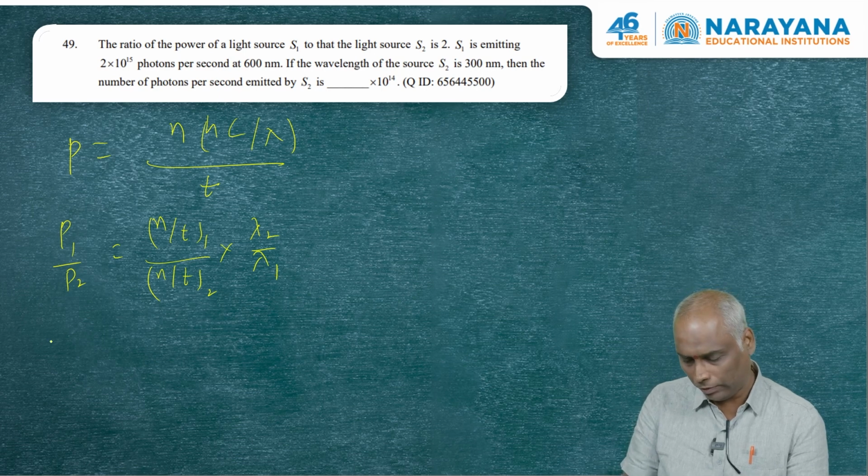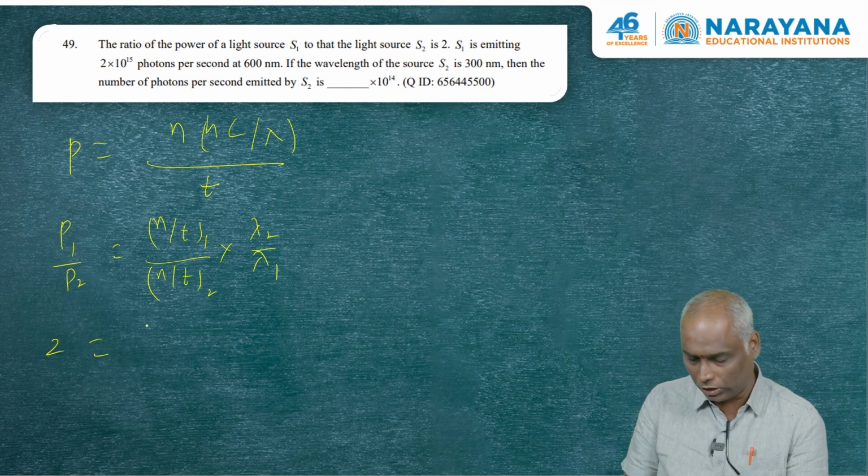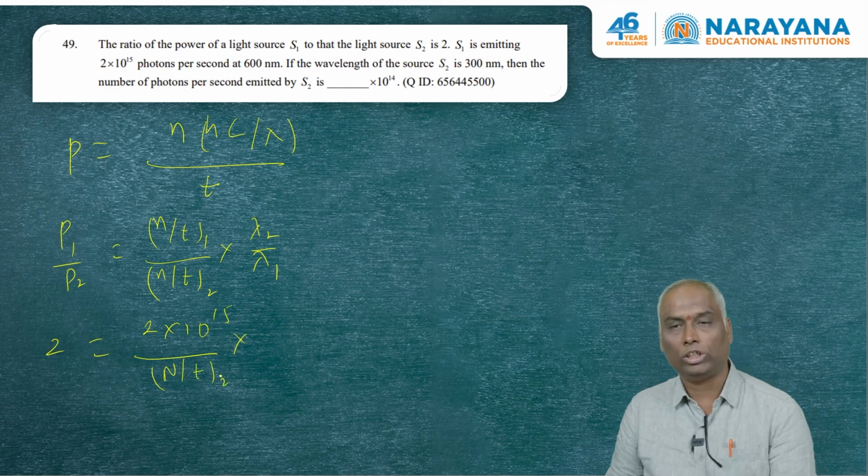P1 by P2 is given as 2. That should become equal to N by T of 1, the number of photons emitted per unit time by the first source, which is 2 into 10 to the power of 15, whole divided by N by T in the second case into the ratio of wavelengths.